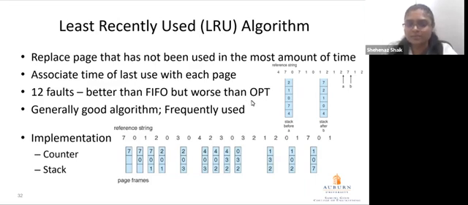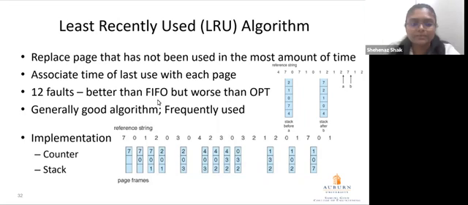It performed worse than the optimal algorithm, which resulted in 9 page faults, as we have seen in the previous example. Here, the least recently used algorithm resulted in 12 page faults. So overall, in general, the LRU approach performs better than the FIFO approach.